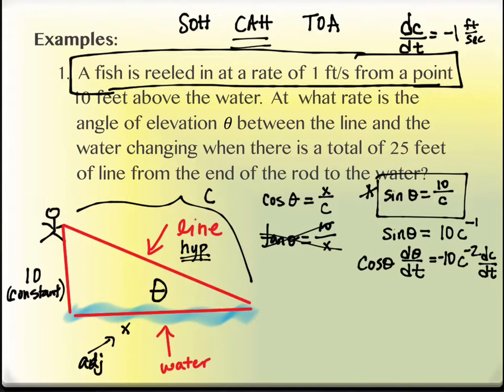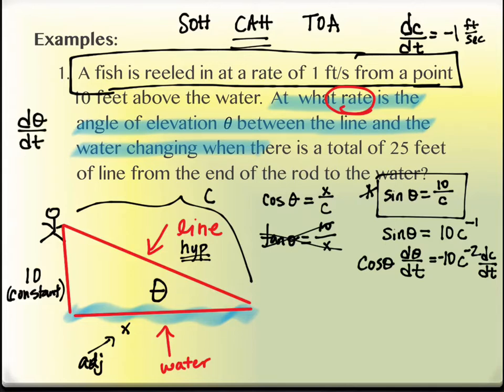So what is that telling us over here? Well, right now, what is it asking for? I didn't highlight that. Let's go back to get that first. It wants us to know at what rate the angle of elevation theta between the line and the water is changing. So it's wanting to know the rate of what? The d theta dt. It's asking us to find d theta dt.